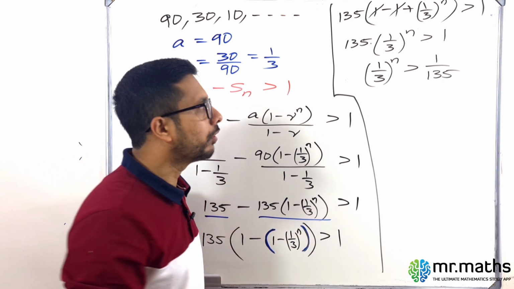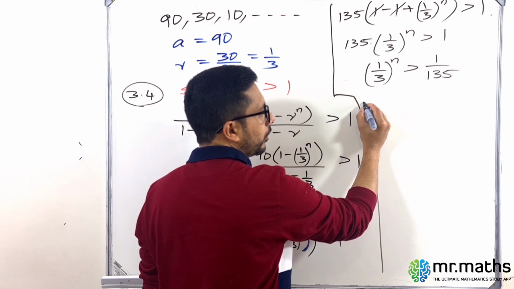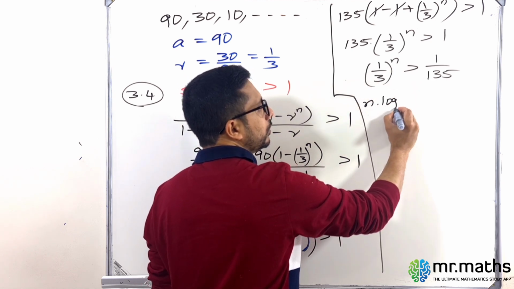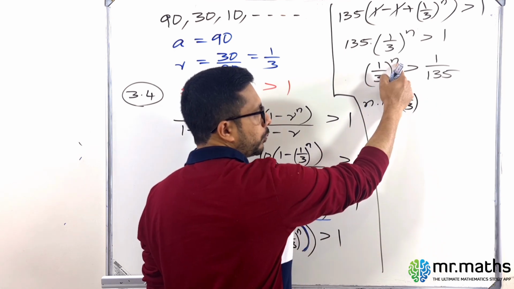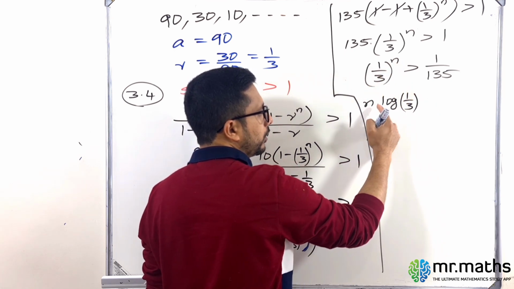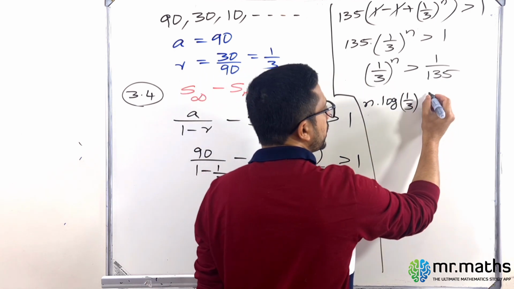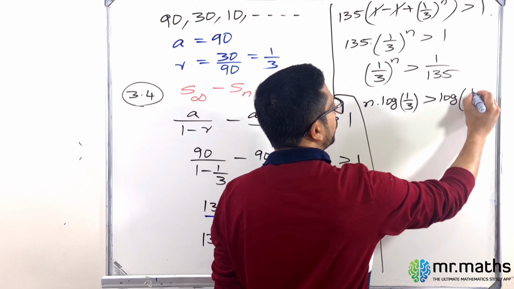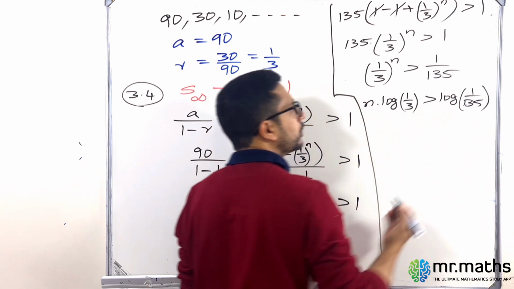logarithm. So how can we take the logarithm? n log, that is a logarithmic rule. n, this exponent, times log 1 over 3, this base, is greater than log of 1 divided by 135.